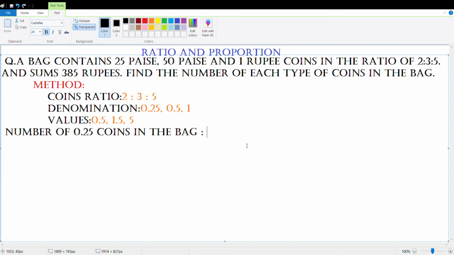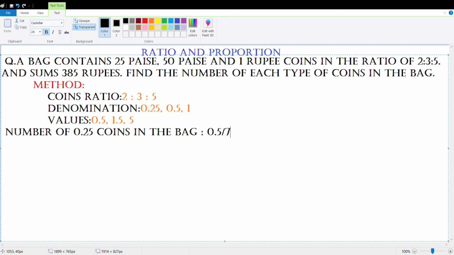So 0.5 would be the numerator. Now for the denominator, we write the sum of the values, which are 0.5, 1.5, and 5. So the sum of the 0.5, 1.5, and 5 is 7. So we write 7 as a denominator.